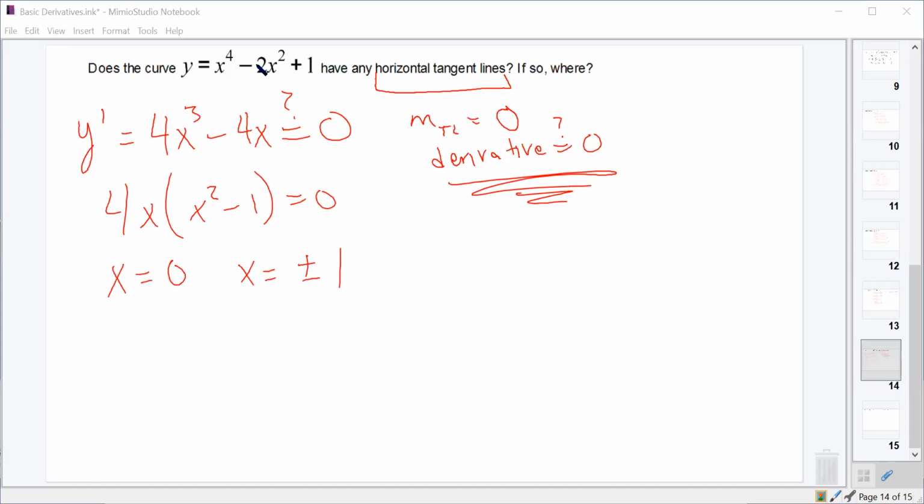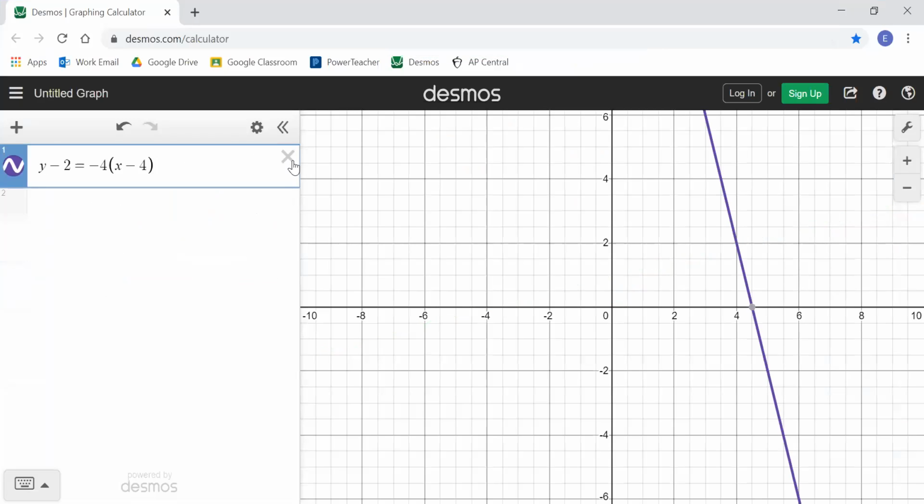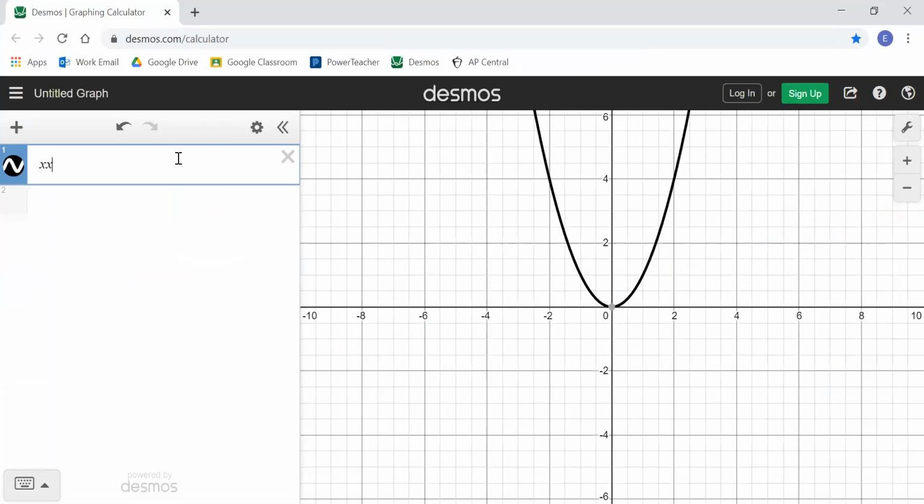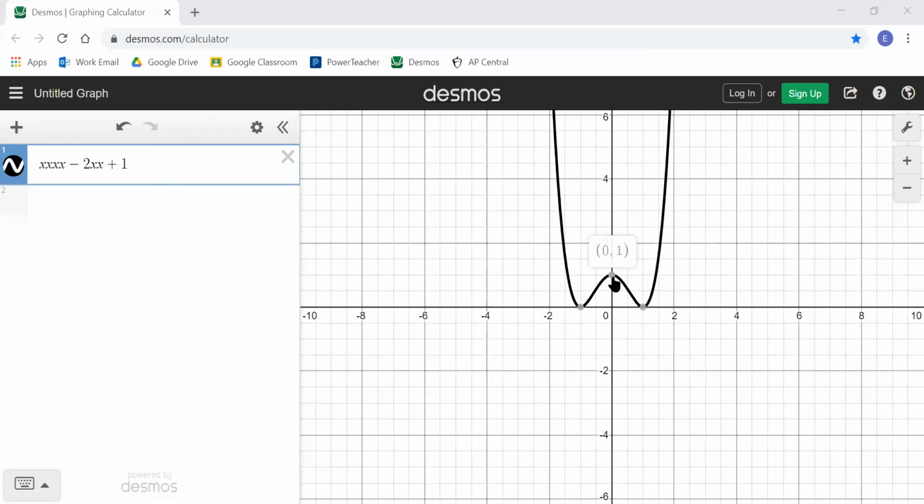Let's real quickly graph this function. Everybody see that at -1 and at 1 and at 0, if I were to draw the tangent line, it should look horizontal.